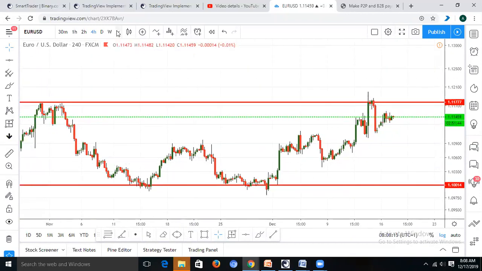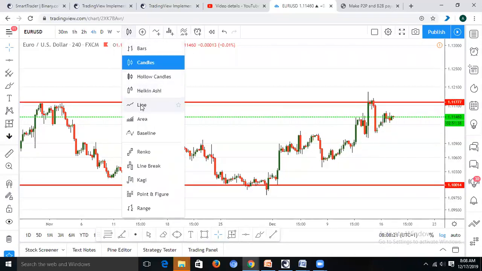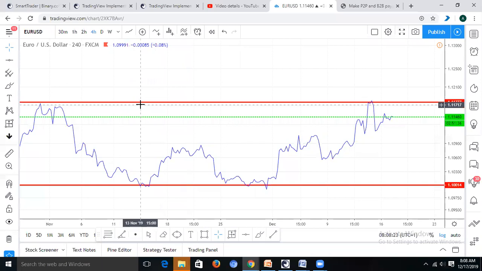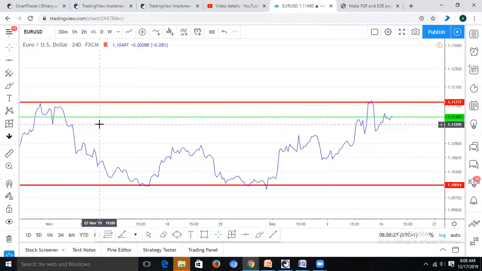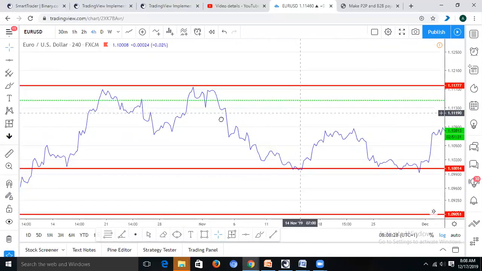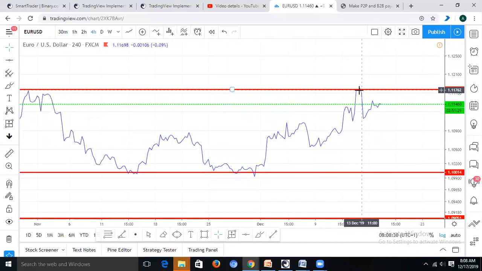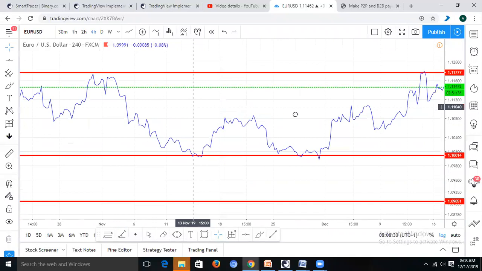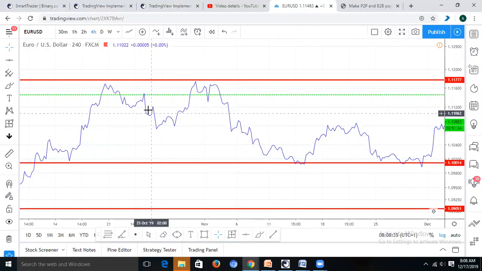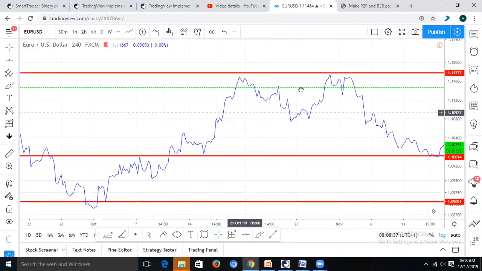If you want to see them clearly, you can even use a different chart. If you use a line chart, look, this is a turning point. This is a turning point.